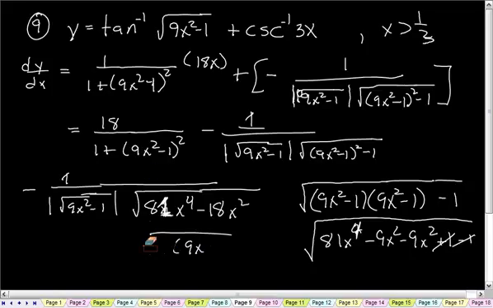So if I pull out a 9 to the second, inside here I'm left with 9 x to the second minus 9. I can actually pull out another 3. I can actually pull out a 27. 81 divided by 27? Yes! So I can pull out a 27. Sorry about that.